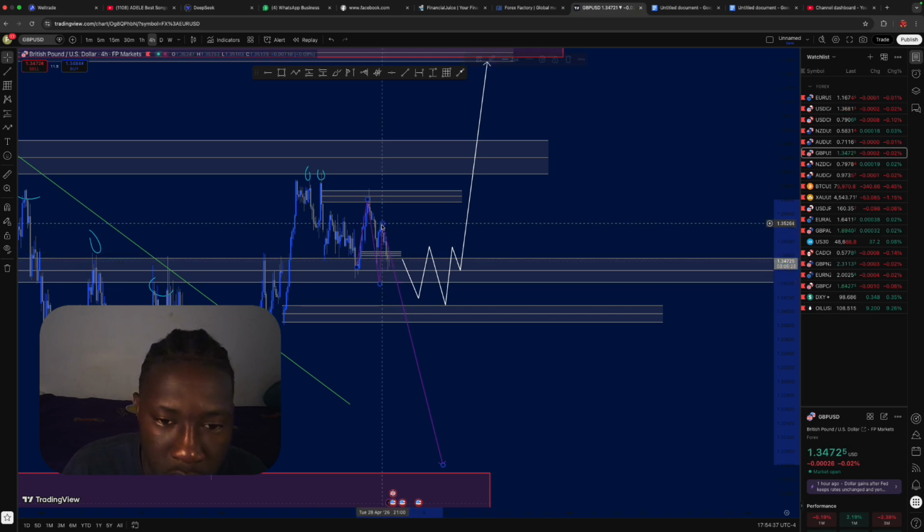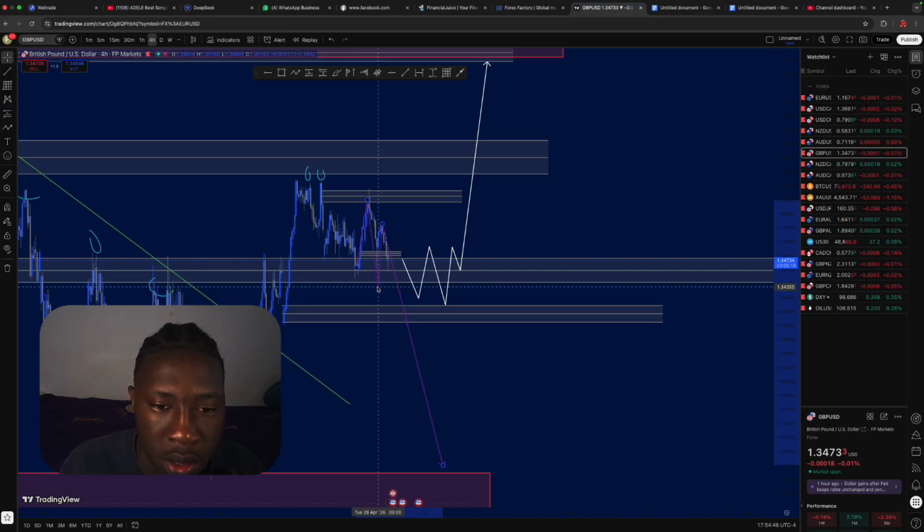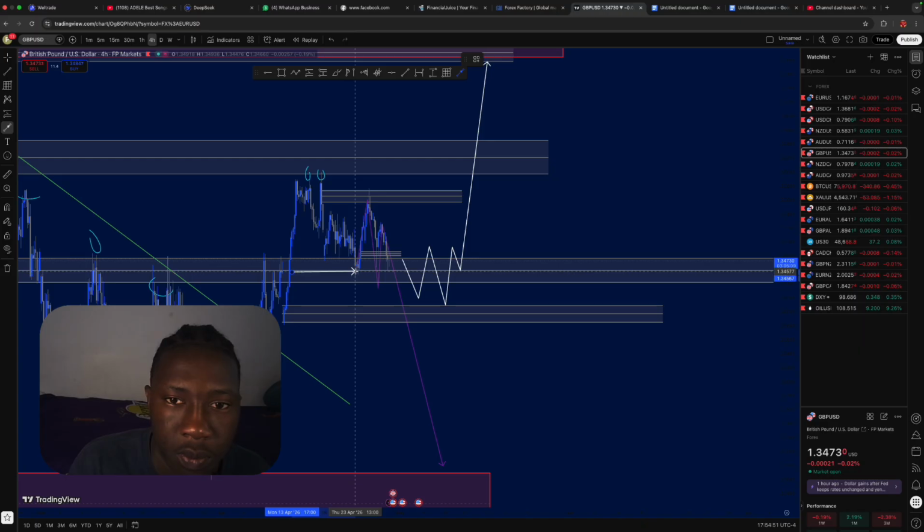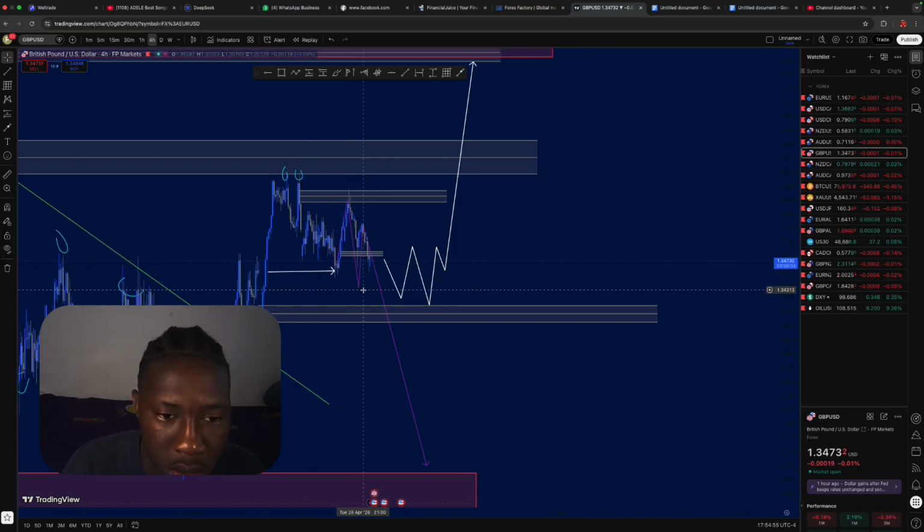Maybe we can say this one, but this is not it, because this was supposed to break these lows from the right side.